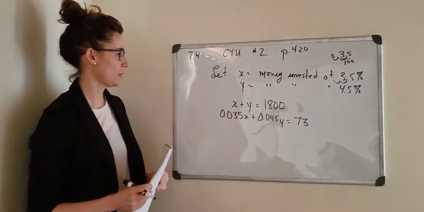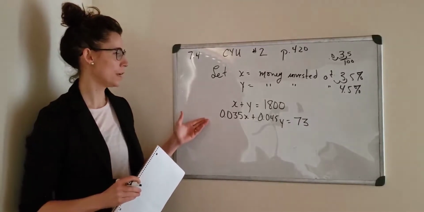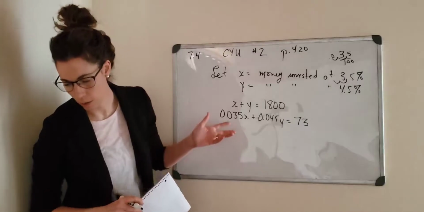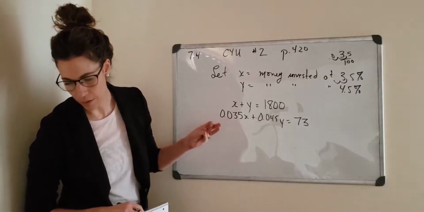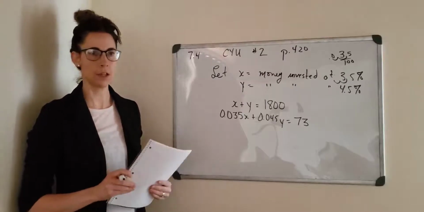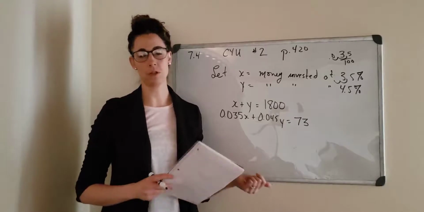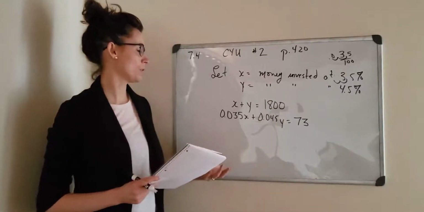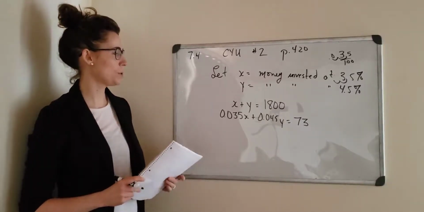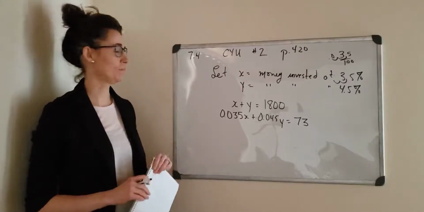Now we have our two equations, and that's all it asks for in part A. The second part says to solve this problem. So far, you've learned how to graph, and we've just learned substitution. I'm going to show you through substitution, but you could also graph it if you wanted, though it's a lot more work.